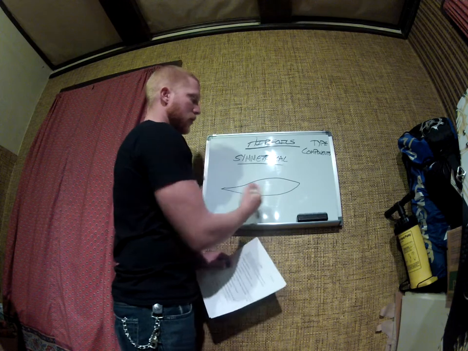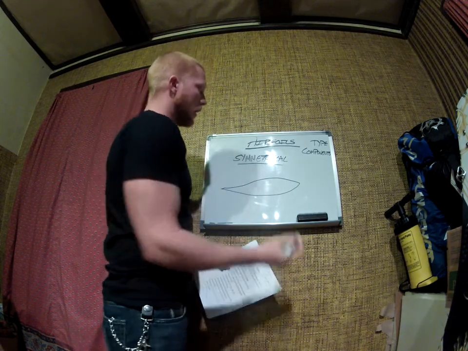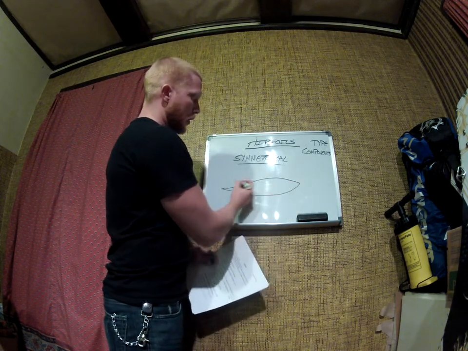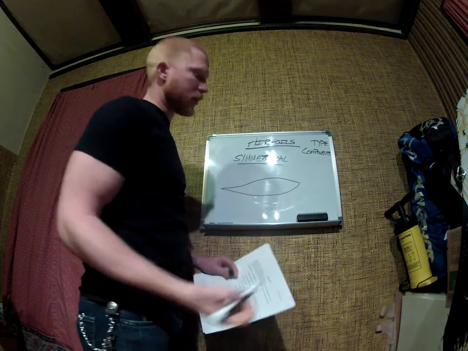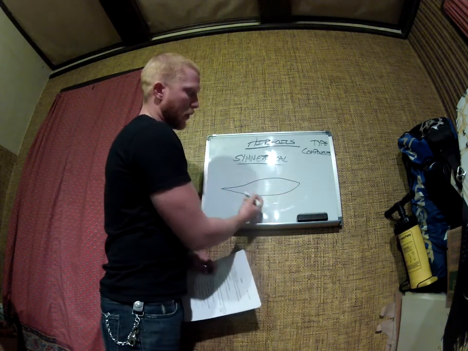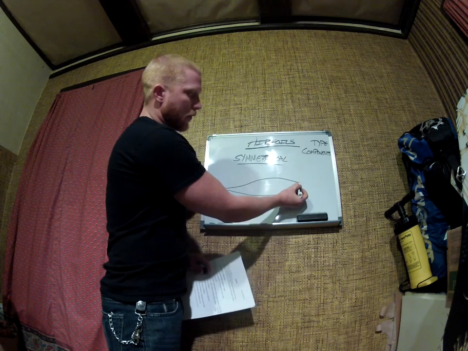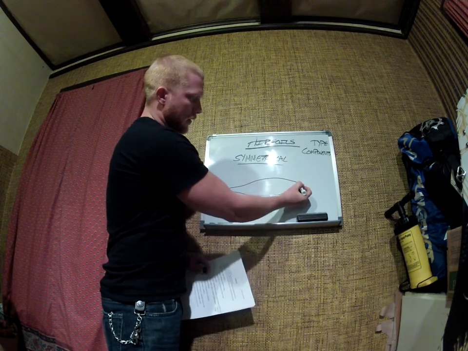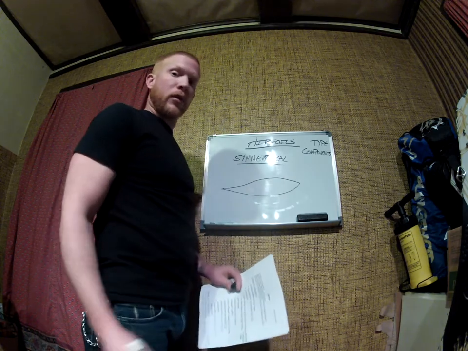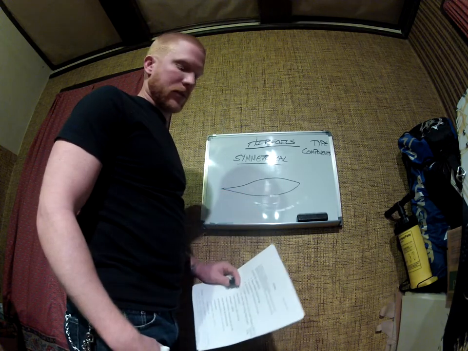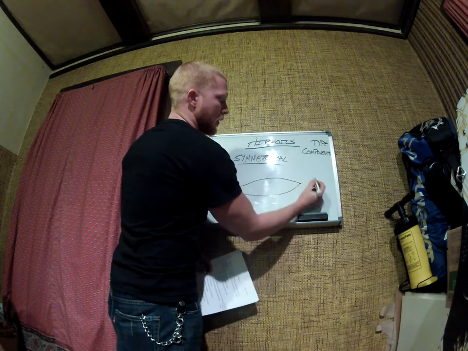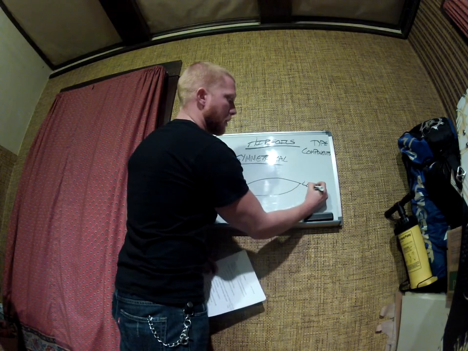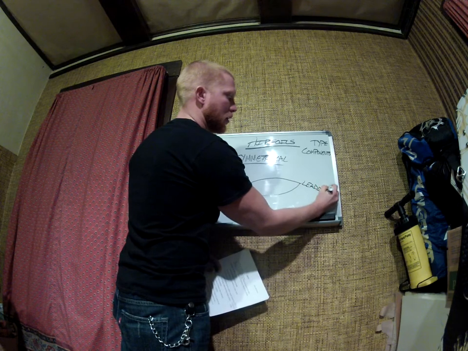With the symmetrical airfoil, you have the upper camber and the lower camber, basically bisecting that airfoil into two parts. With a symmetrical airfoil, the distance of the upper and lower camber is the exact same. Here we have our leading edge.